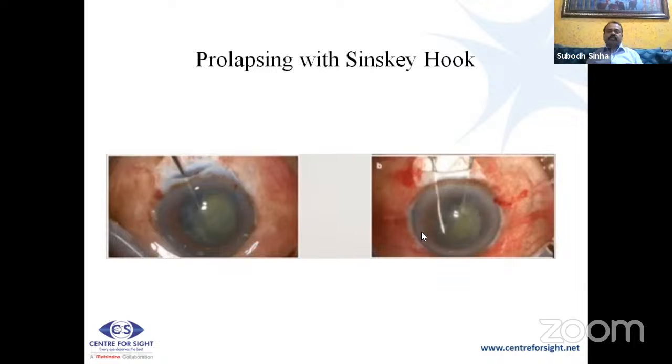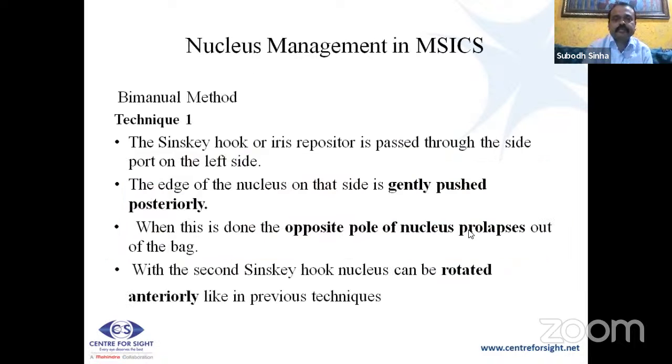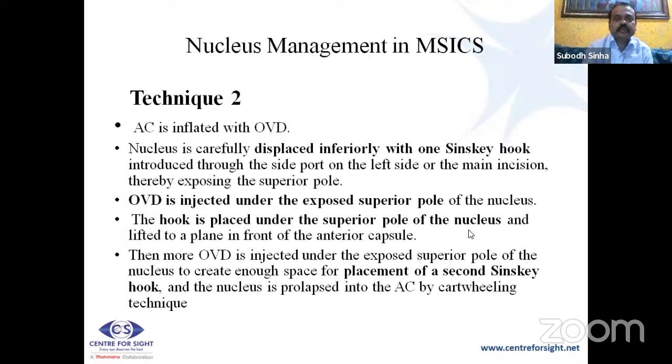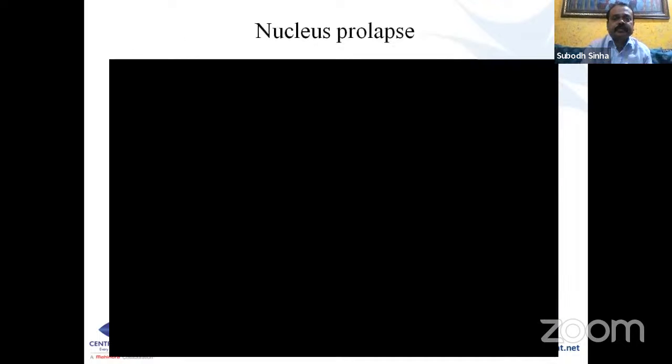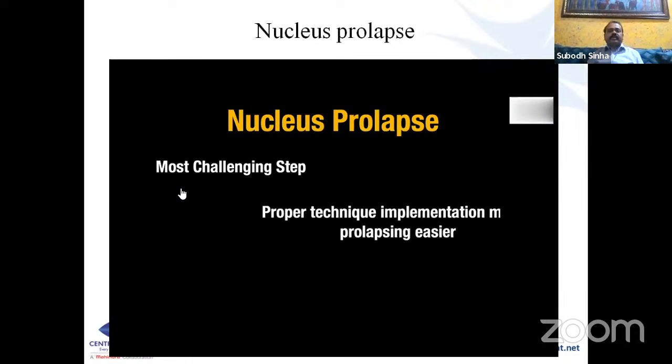One is supporting the nucleus, the other is rotating and tiring out. The bimanual method is very useful in mature and brown cataract, myopia, pseudoexfoliation, zonular dehiscence, and moderately dilated pupil, where you support the nucleus. This is a very nice video I got from Aravind, which is showing different types of nucleus prolapse methods.